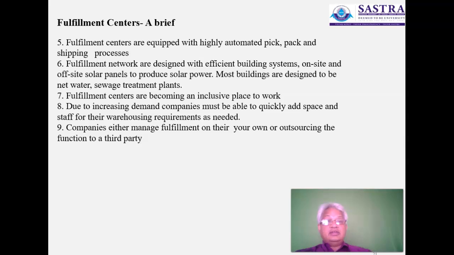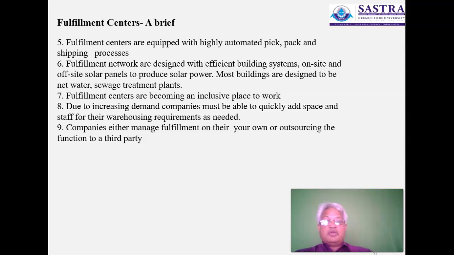And these buildings are designed for net water and sewage treatment plants. Net water is all about how a company is able to balance the loss of water with water replacement through either protection or conservation or restoration or enhancement.